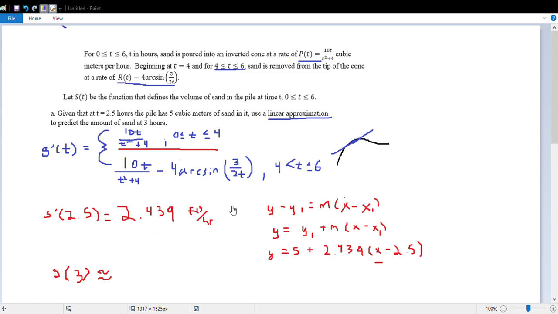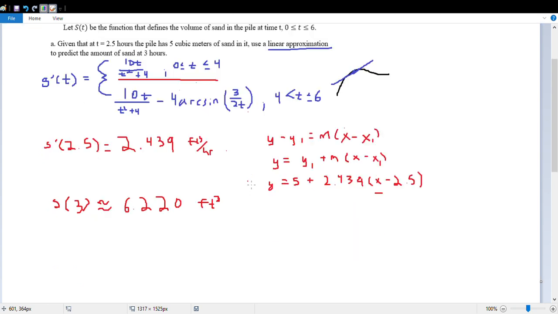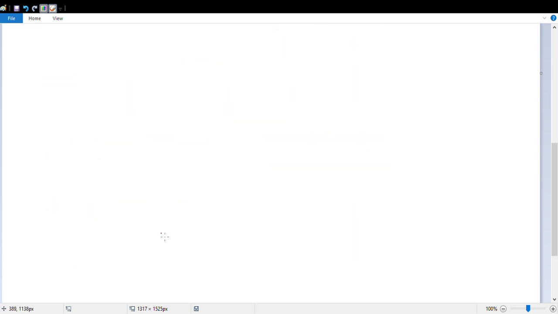We get 6.220, or somewhere around there. And that's in cubic feet. All right, so that's our first part of the question. We were able to use a linear approximation to predict the amount of sand that is there at that time. Okay, let's go to our next part.